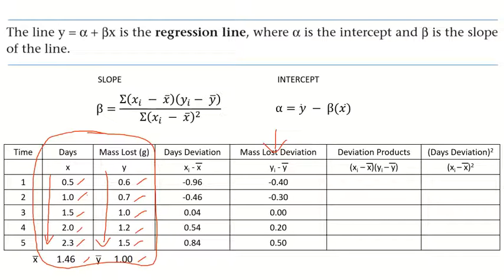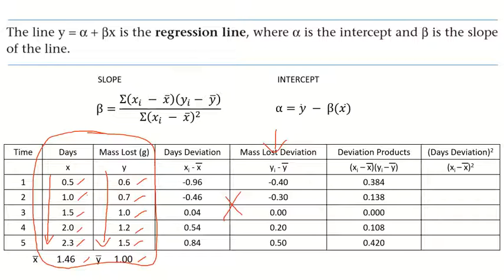Next, we are going to get the products of these two deviations. We are going to simply multiply these values. So for the first row, we have negative 0.96 times negative 0.4. That's positive 0.384. And we are going to do that with the other 4 rows.